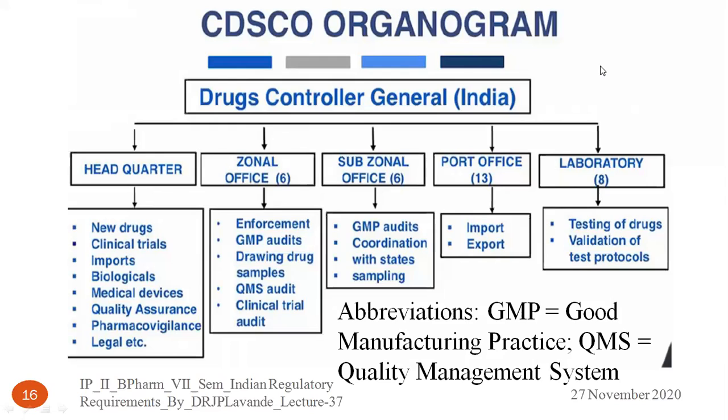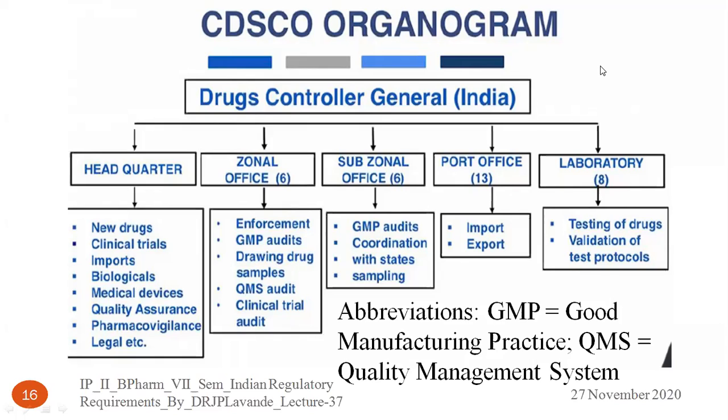Now you can see that all these offices have their specific functionings. Like the headquarter, that is associated with the process of giving the approvals to the new drugs, to the clinical trials, to the process of import, to the process of biologicals, medical devices.